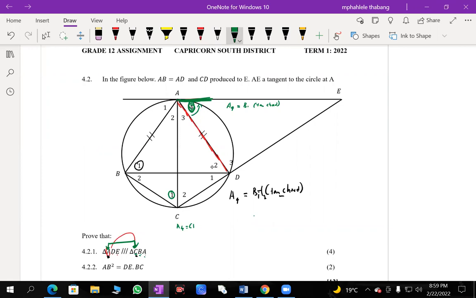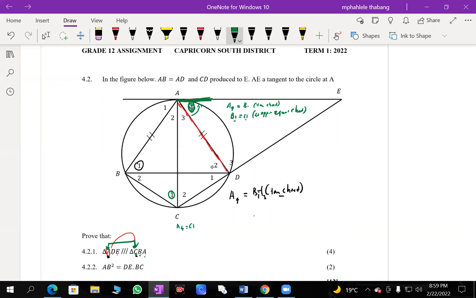We come again and say B1 is equal to C1. We say angles that are opposite to equal chords. Do you see that B1 is equal to C1?